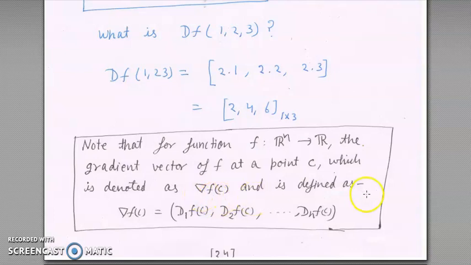So ∇f(c) is defined as (d1 f(c), d2 f(c), ..., dn f(c)), the partial derivatives of f at the point c. So this vector is called the gradient. If I ask you to determine the gradient of f at the point (1,2,3), then this is also the gradient of f at the point (1,2,3).